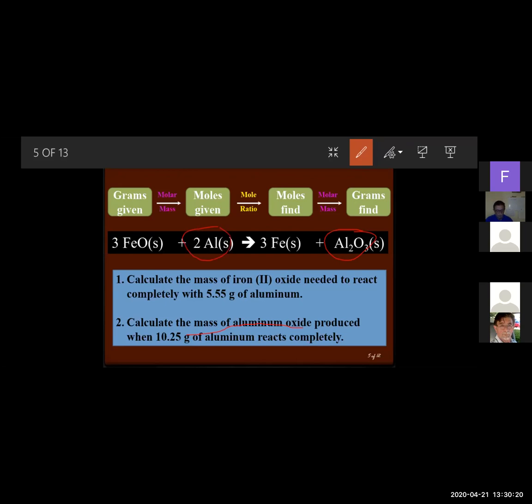We're only concerned about that relationship, aluminum to aluminum oxide, and that ratio is 2 to 1, 2 moles of aluminum to 1 aluminum oxide. So we make note of that.